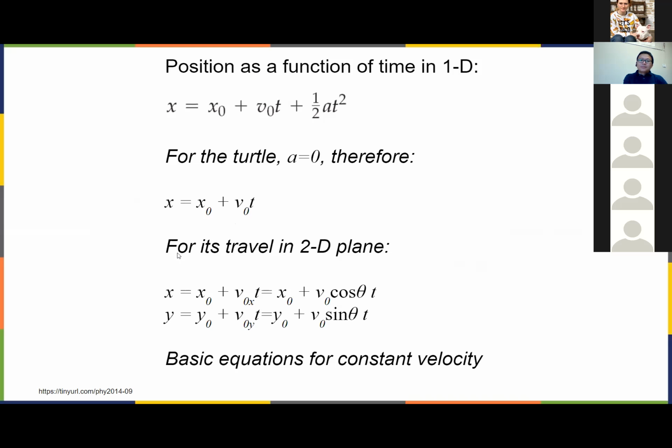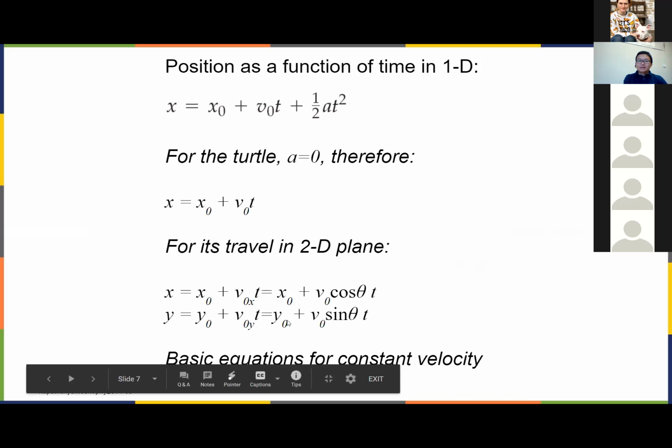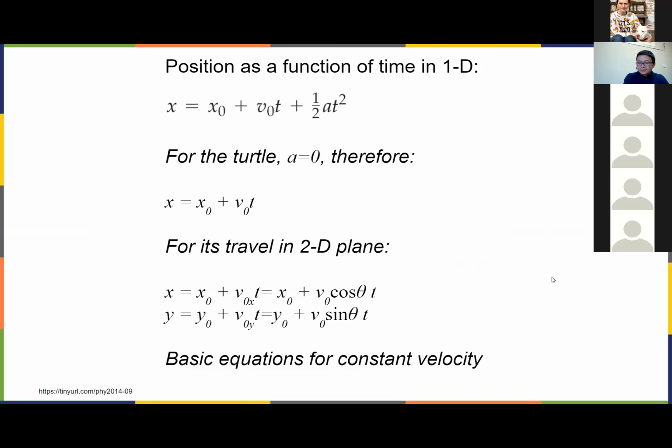You can solve this by looking at the velocity components. So x equals x naught plus v0 cosine theta t, and y equals y naught plus v0 sine theta t. You can use these basic equations for constant velocity.